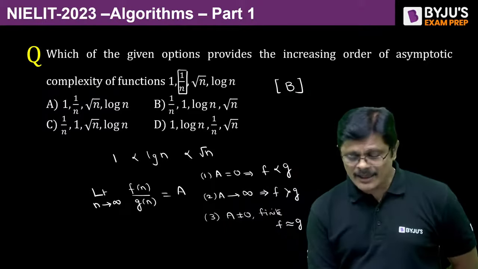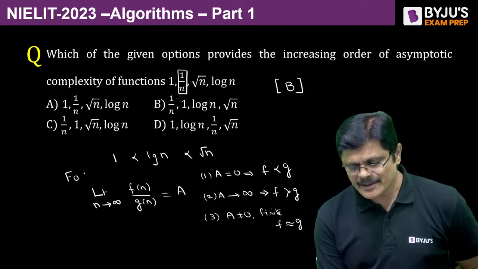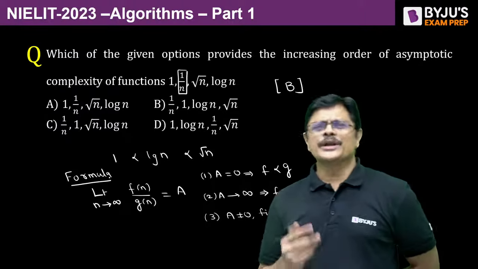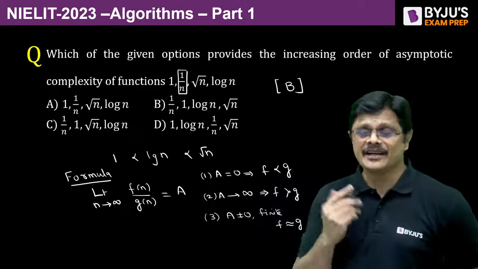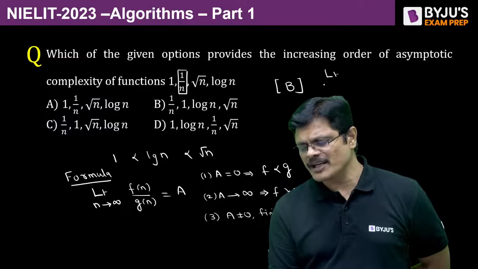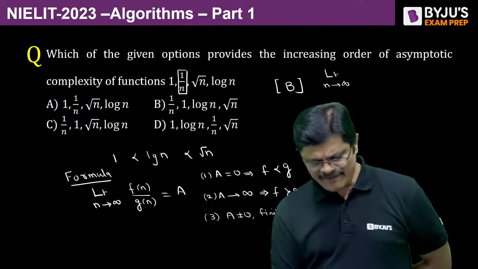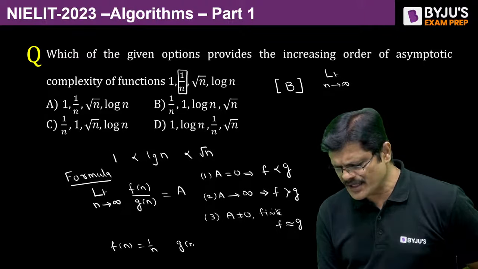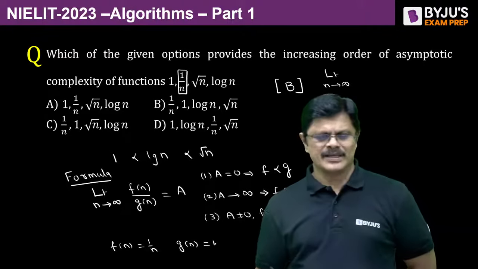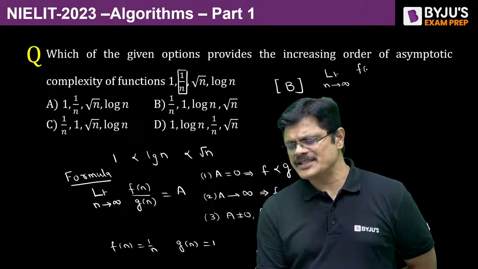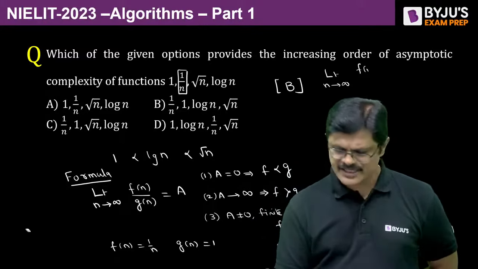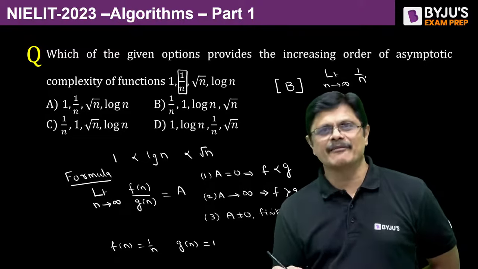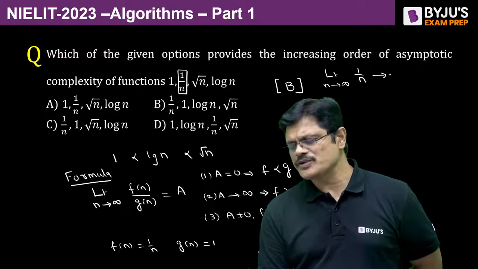See, this particular limit formula is very useful. You can use this formula whenever it is needed. So here I use this formula for f n equal to 1 by n and g n equal to 1. When I take f n by g n, it is 1 by n by 1, which is 1 by n, which tends to 0.